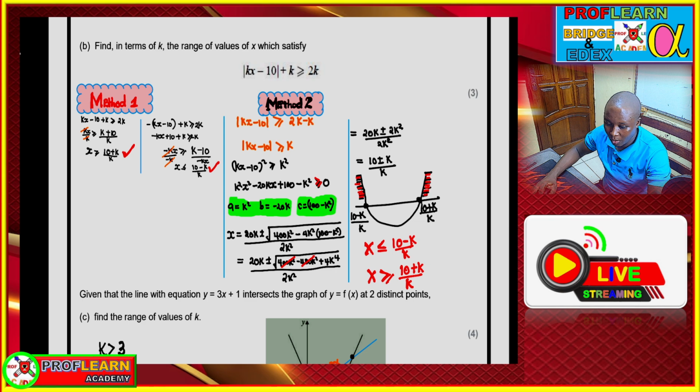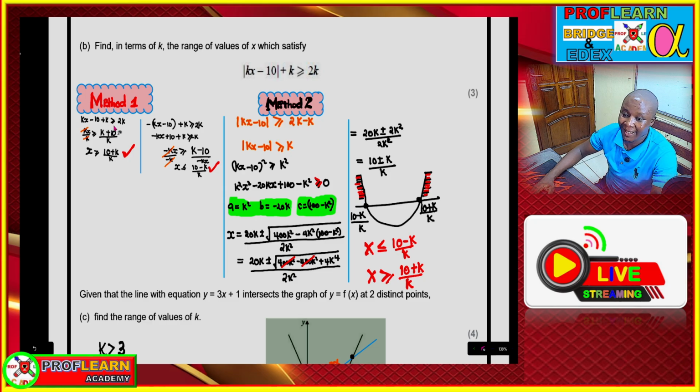So we need to now see how you are going to approach this. Since it is a modulus, we can take whatever is inside the modulus as positive. So we're going to say kx minus 10 plus k is greater than or equal to 2k. So we're going to put those terms with x.